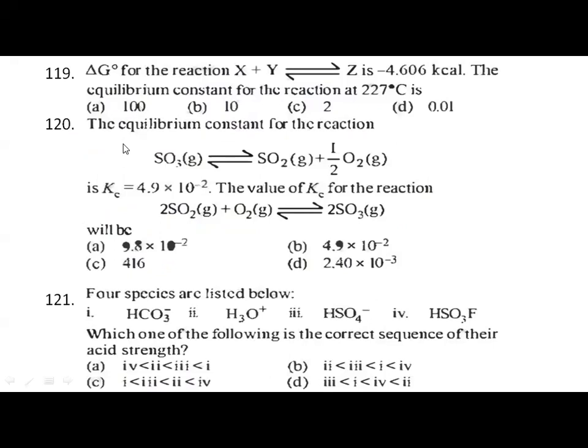Yes. Next question. The equilibrium constant for the reaction SO3 gives SO2 plus half O2 is so much. The value of Kc for this reaction will be. It is based on stoichiometric calculations. So what is the reaction they have given? SO3 gives SO2 plus half O2.